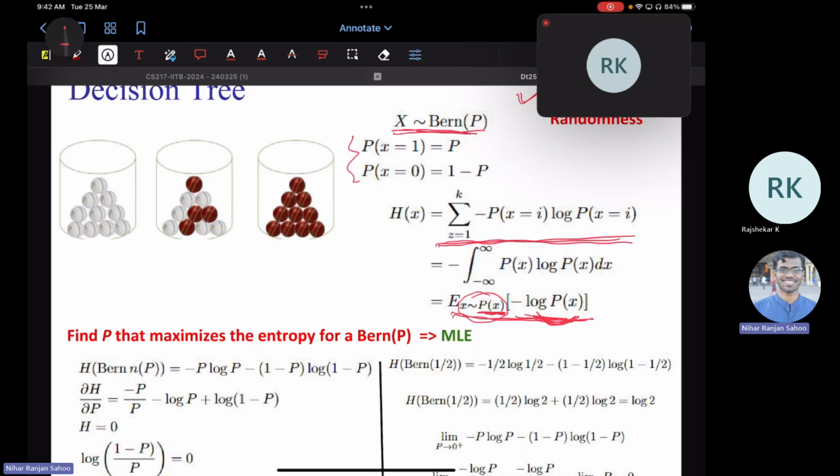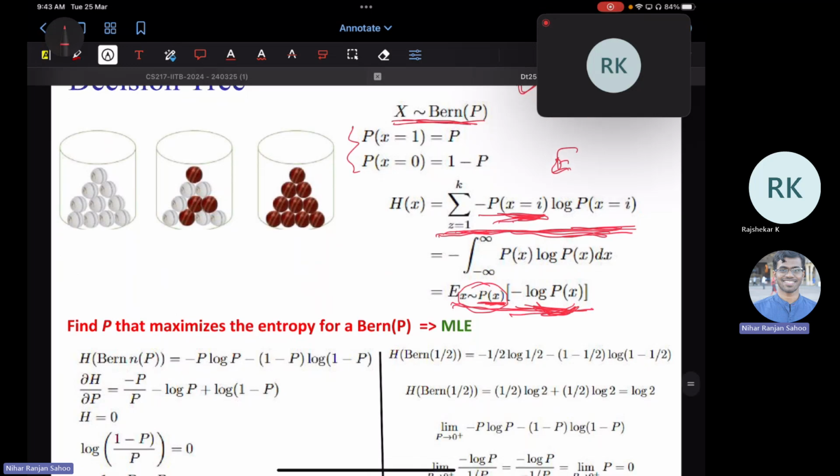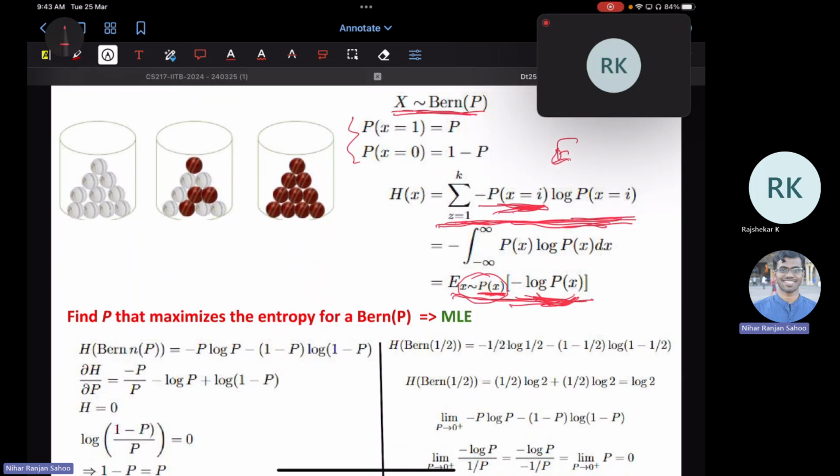So coming back to our sample distribution, let's say we have k classes. We say the probability of one particular instance x belonging to class i, and then this is the expectation formula, right? If you open this expectation, it will come like this: the probability of x equal to i times log probability of x equal to i. If it is a continuous random variable, you do the integration.